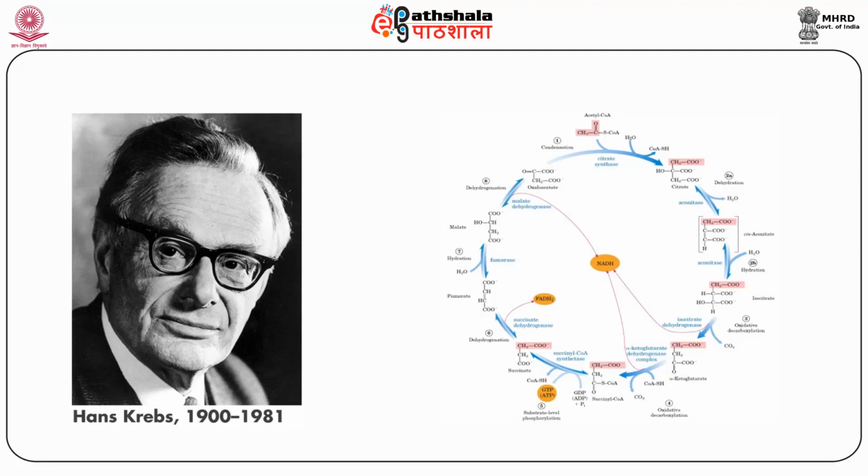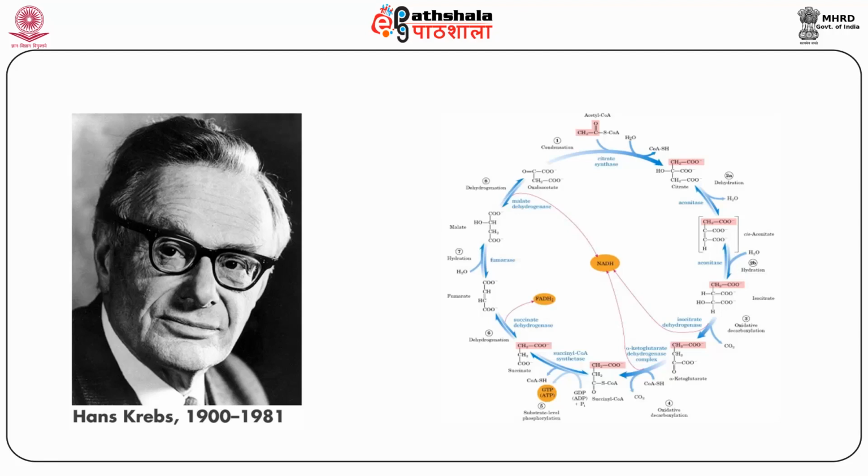If you see in the figure, Hans Krebs gave the reactions of the TCA cycle. Looking at the reactions of the TCA cycle, the very first reaction is the condensation of oxaloacetate with acetyl coenzyme A with the help of the enzyme citrate synthase.